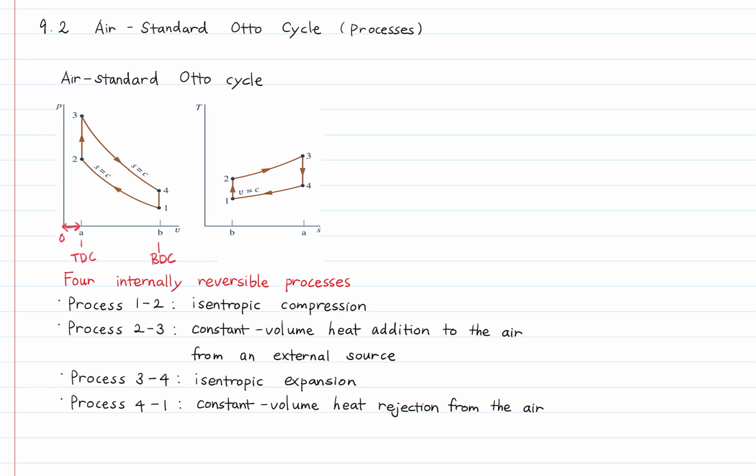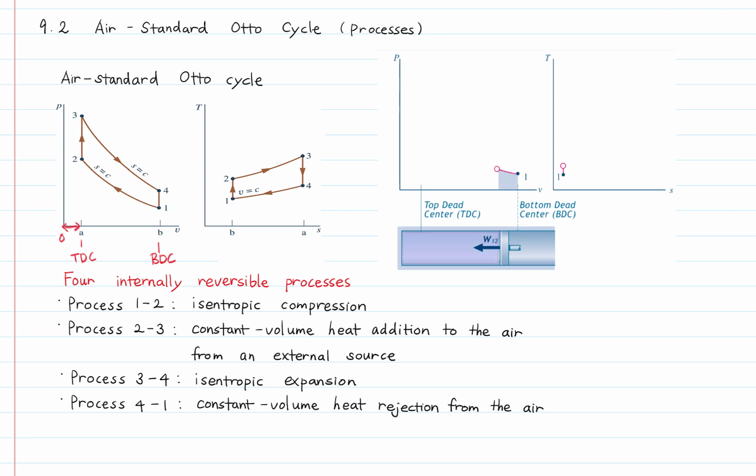Process 1-2. The piston starts at state 1. The piston is moving from BDC to TDC. It is an isentropic compression. The isentropic is an adiabatic and reversible process.